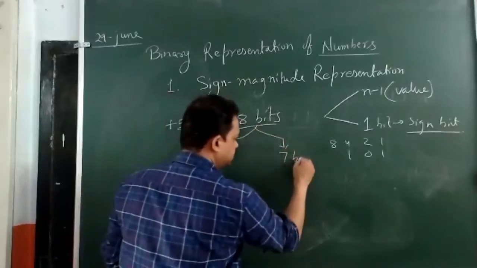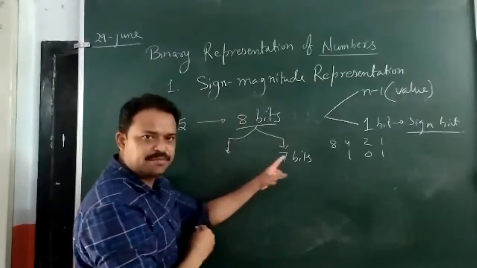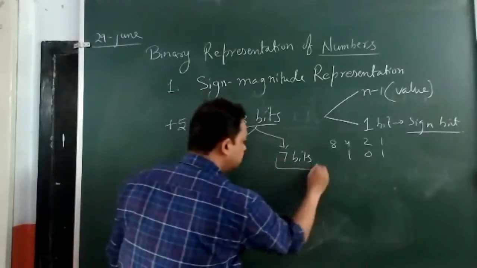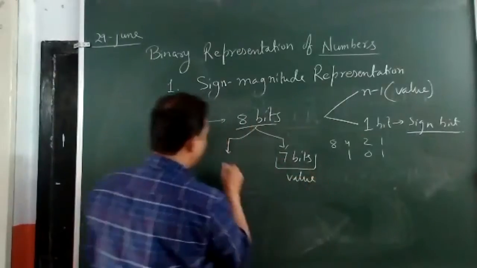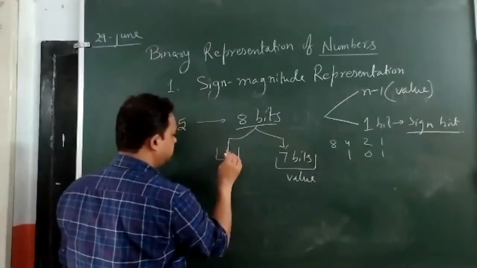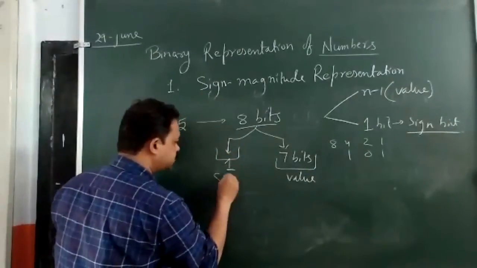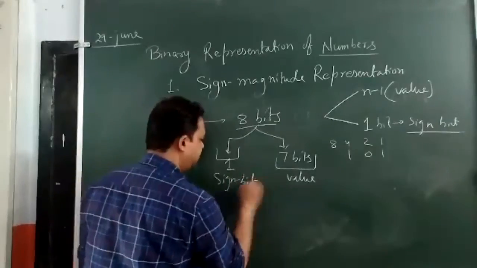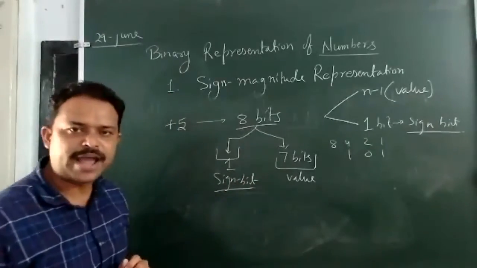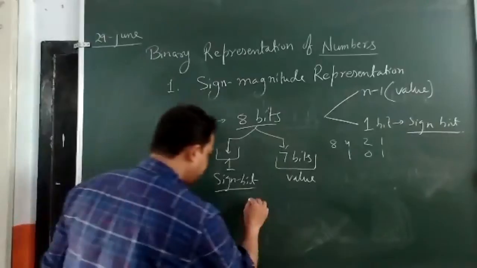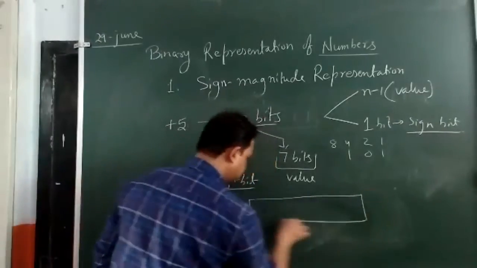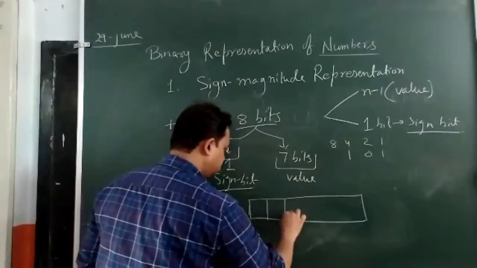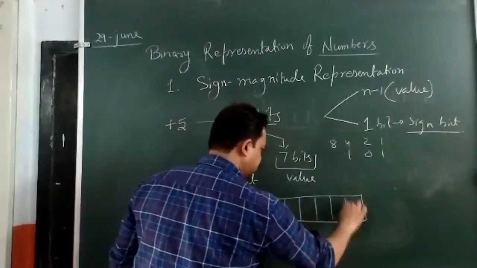It means 7 bits. With 7 bits, I am going to represent the value, and 1 bit is reserved for the sign bit. See, 1, 2, 3, 4, 5, 6, 7.